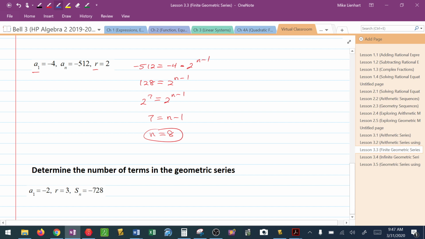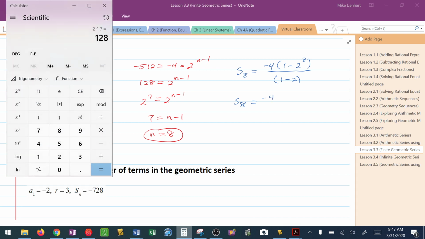All right, so S sub 8, those 8 terms, is going to be a sub 1, negative 4, times 1 minus r to the n, divided by 1 minus r. So S sub 8 is negative 4. Let's see. Grab my calculator. 1 minus 2 to the 8th is negative 255.